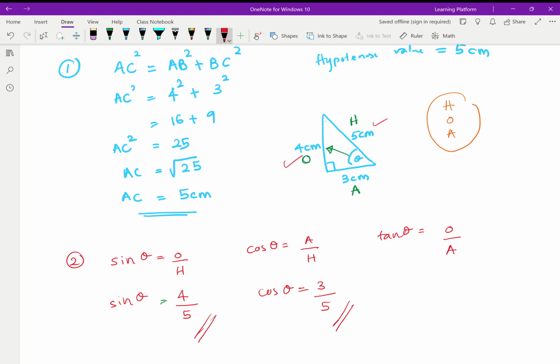Cos theta value is 3 by 5. Then tan theta. Opposite here 4 centimeter. Adjacent here 3 centimeter. Okay. That is how you find the trigonometric ratios.